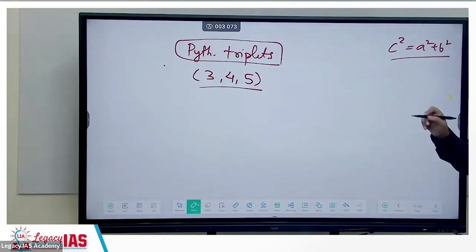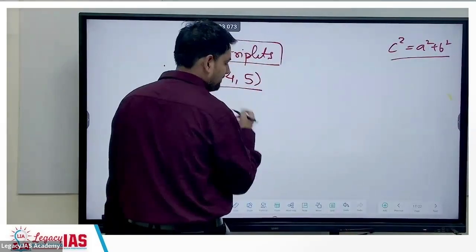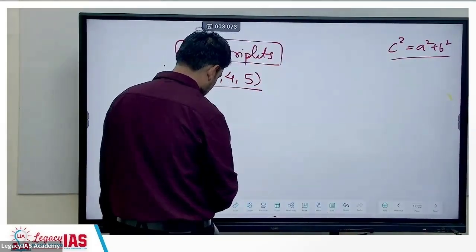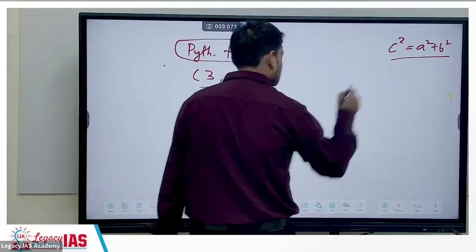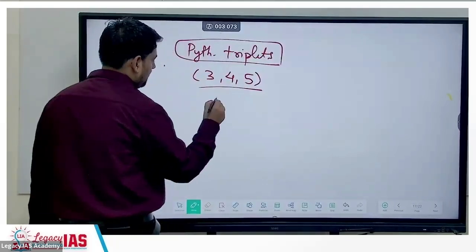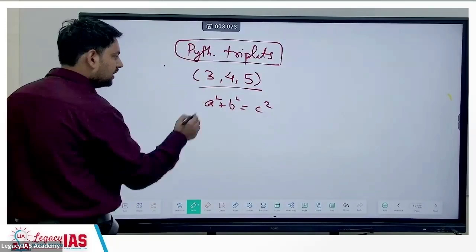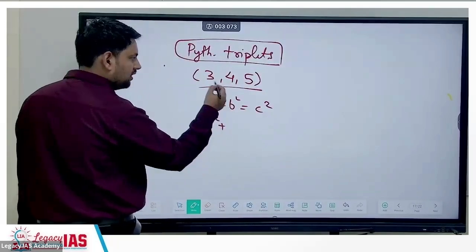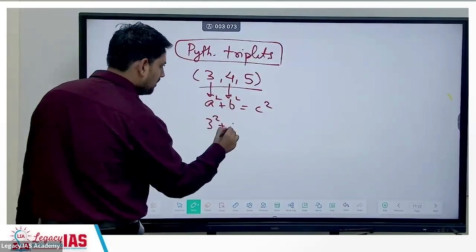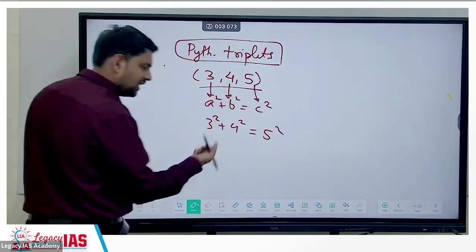This we learned, so this pattern they should be able to follow. Now see, if we put it here, it becomes 3 square, then 4 square, and this is 5 square. Just check if they are equal.